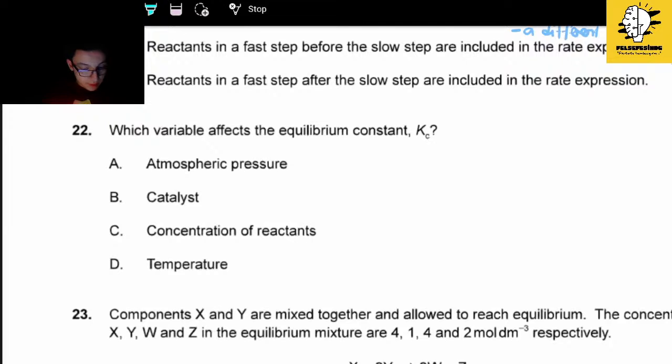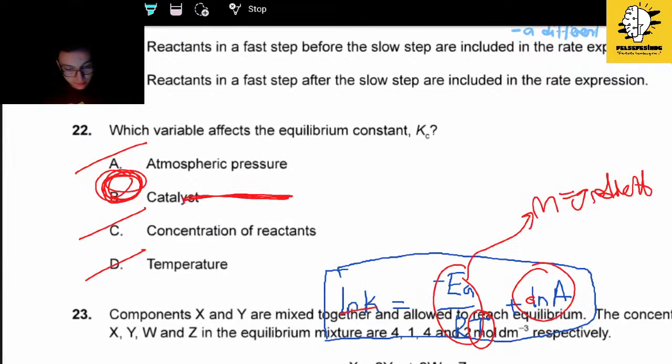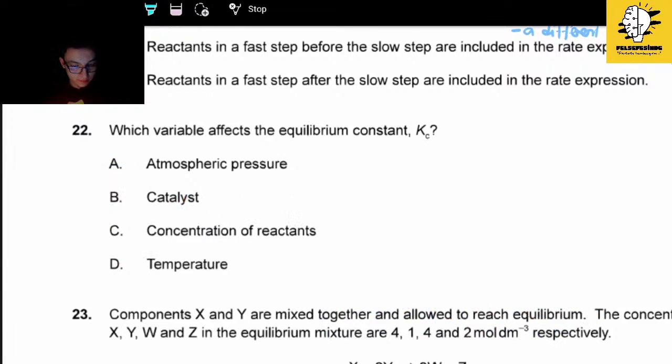22. Which variable affects the equilibrium constant? Again, do you want to explain why this question is D? Yes, of course. Okay, so we need to know a little bit about equilibrium.